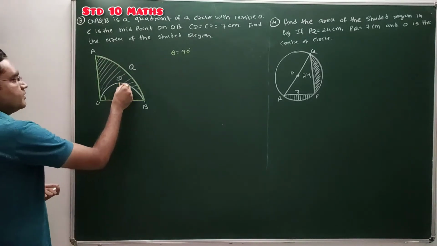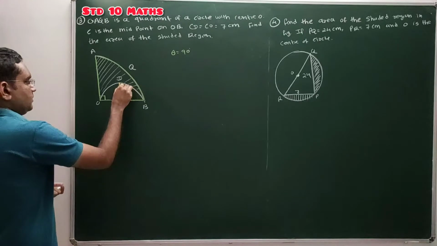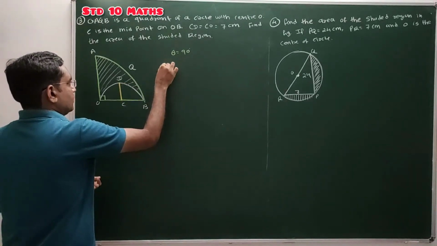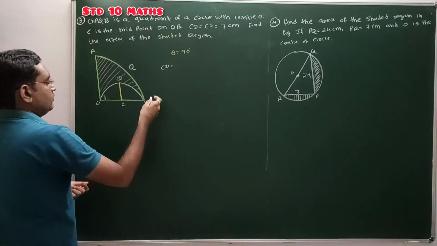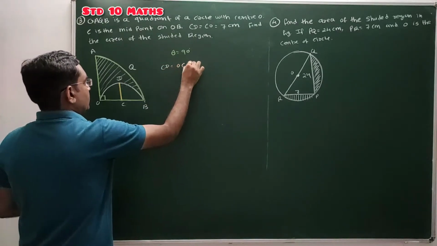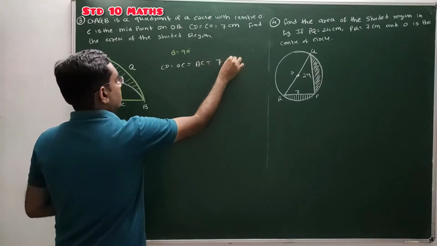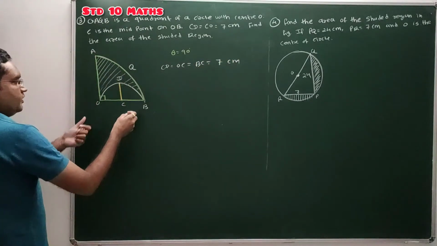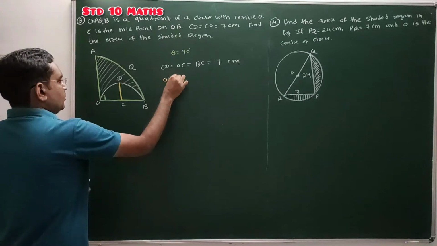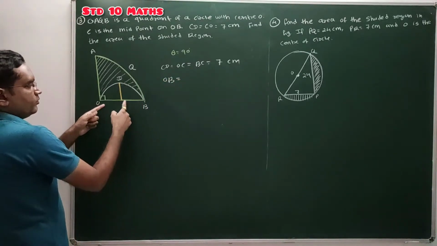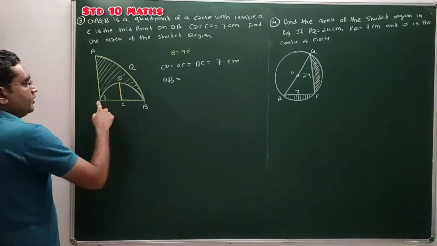So length of CD is given 7 centimeter. So here you can write CD equal to OC, and that is equal to BC. Radius of inner circle is 7 centimeter. So OB equal to twice of BC, because C is the midpoint on OB.